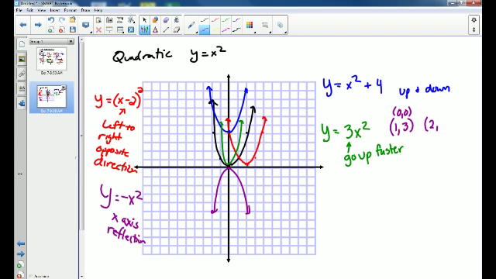Do you read it as 3 times 2 squared, or the square times 3? It's 2 squared. Order of operations applies. Go 2 out, I'm now 12 up. It doesn't follow the up 3 over 1 pattern.